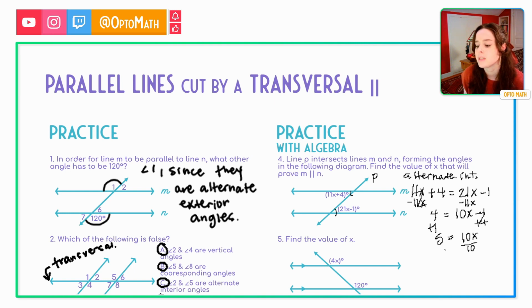Divide both sides by 10, and x equals 1/2. So that's our answer. x is 1/2. If you substituted x into both of these expressions, you would get the same angle measure for each of those, and that's what would make them parallel.